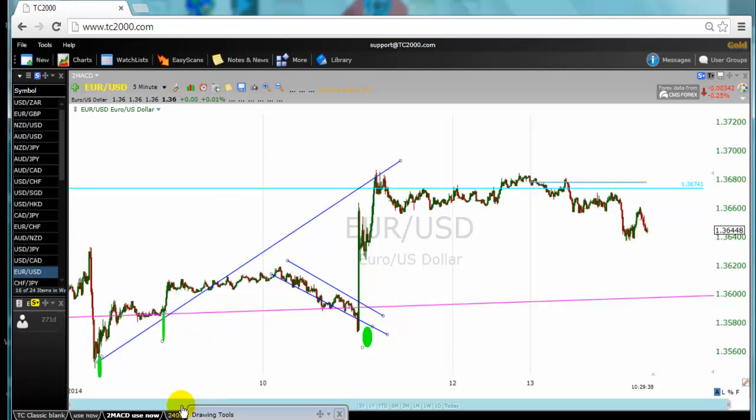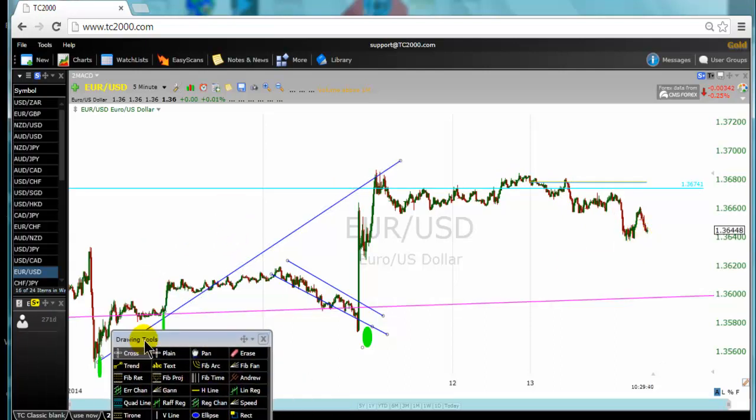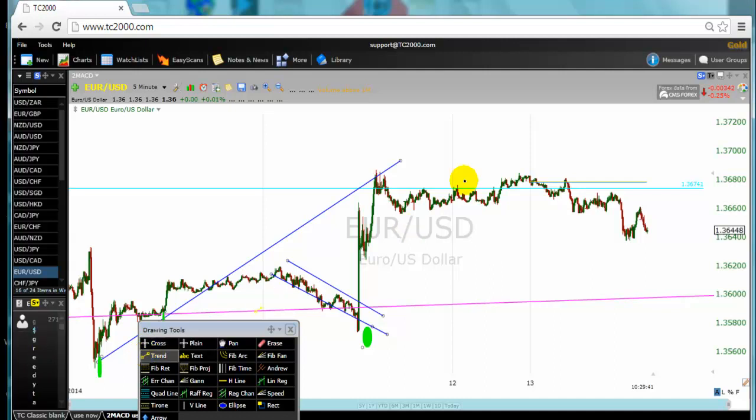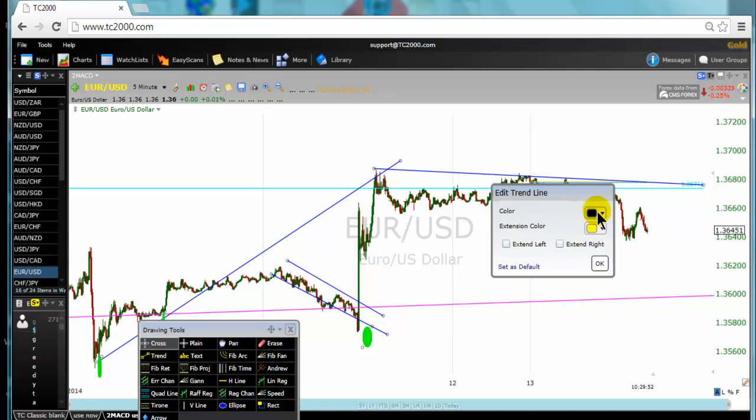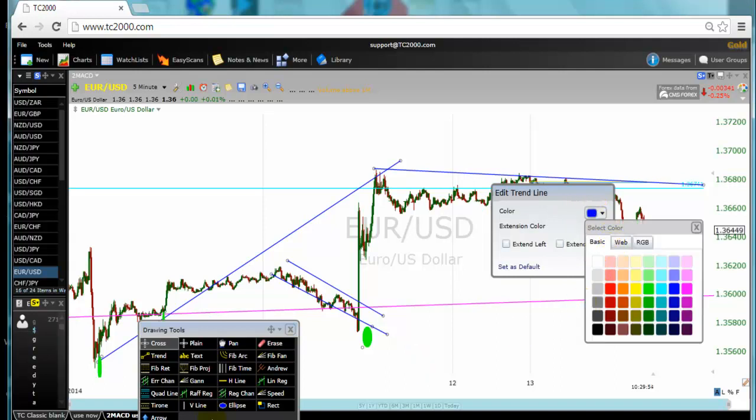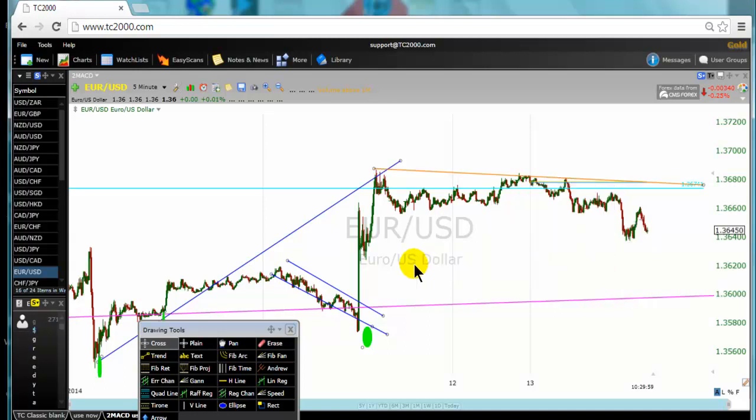All right. So on the 3-minute chart, I'm going to start drawing some channel here, roughly. So there's a bearish trend line like this on the 3-minute chart. I'm going to color it now into orange. That's the line here.